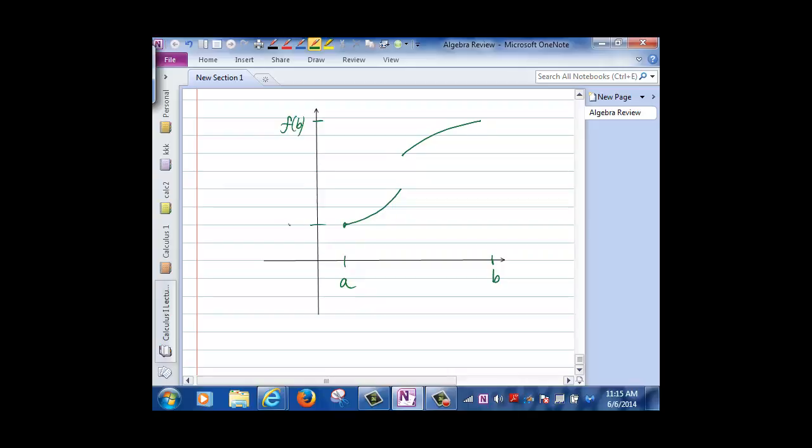Here is f of a. And the function looks like this, okay? So this function is not continuous from a to b, right? Now see, if I pick an L right here, there is no c for which f of c is L, right? No c such that f of c is L in this case. So the intermediate value theorem would not work without this condition that f is continuous from a to b.